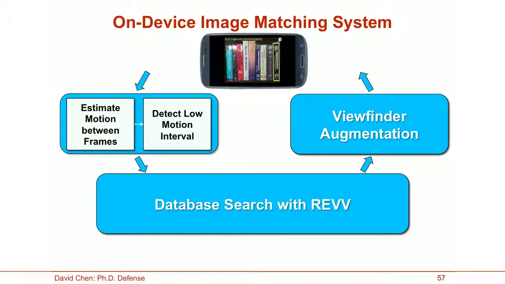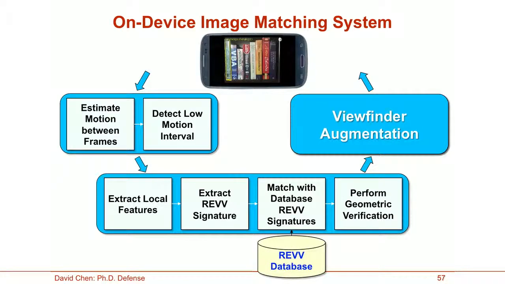During periods of low motion, the user is likely to be interested in what they're seeing in the viewfinder, so we initiate a new query at the start of every low motion interval. Then, as part of the query, we extract local image features, we extract a global REVV signature, we compare it to the database REVV signatures stored on the mobile device, and finally, we verify the geometry in a short list of top database candidates.